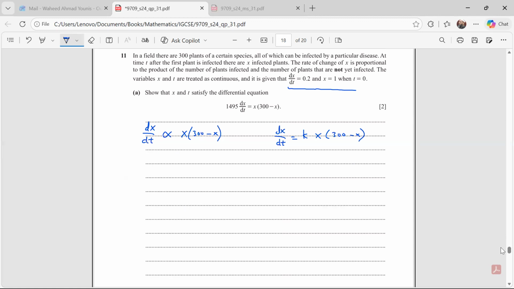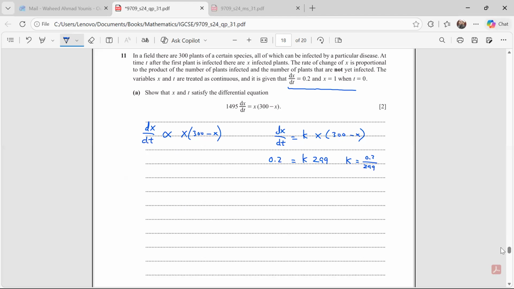Now, we are given that the derivative was 0.2 at x equal to 1 and t equal to 0. So this derivative was 0.2 when x was 1. So x is 1 and 300 minus 1 is 299, times 299. From here I learned that the value of k is 0.2 over 299.